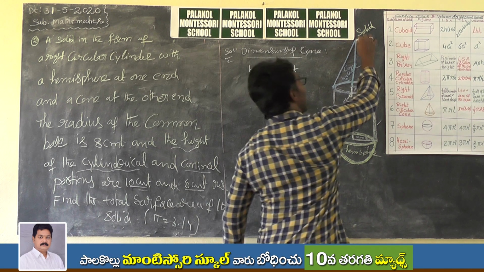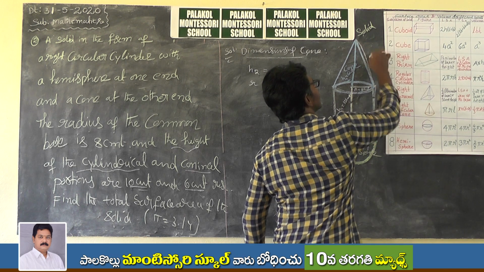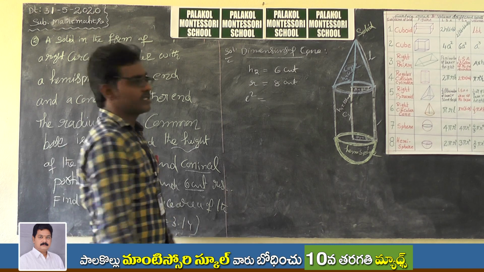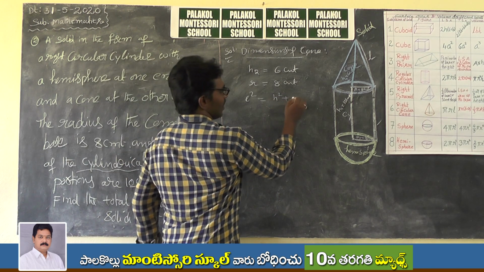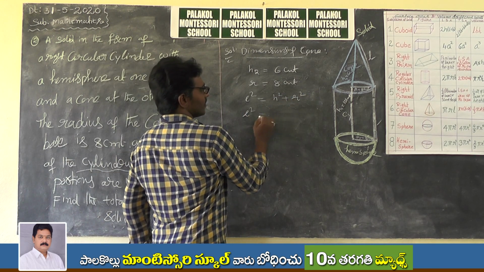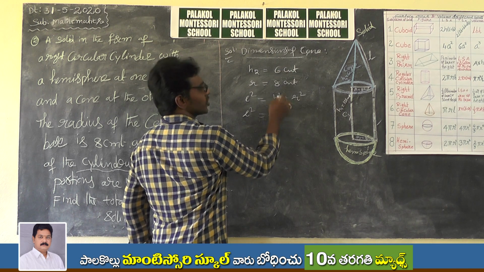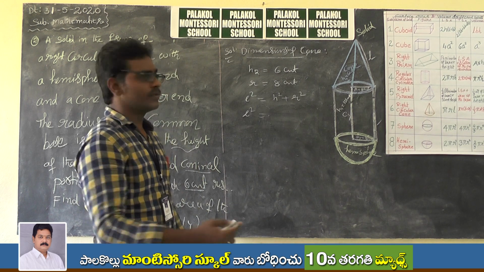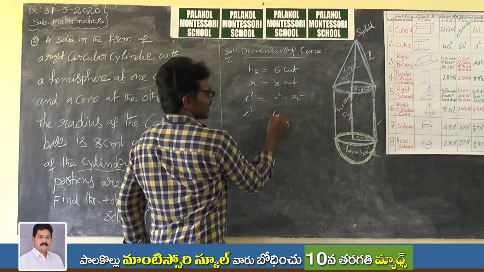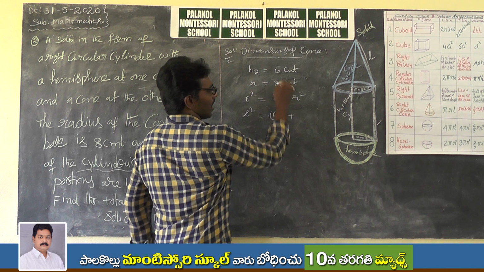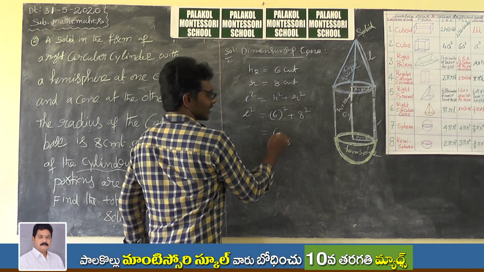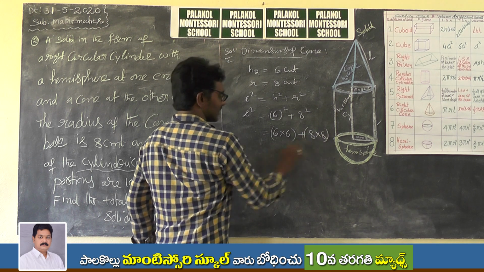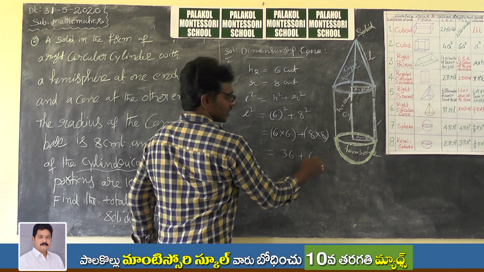Find the slant height immediately. L, how to find it? L square is equal to H square plus R square. H means H2 right now, because it is the cone portion. So L square is equal to 6 square plus 8 square, that is 6 into 6 plus 8 into 8. 6 sixes are 36, plus 64.